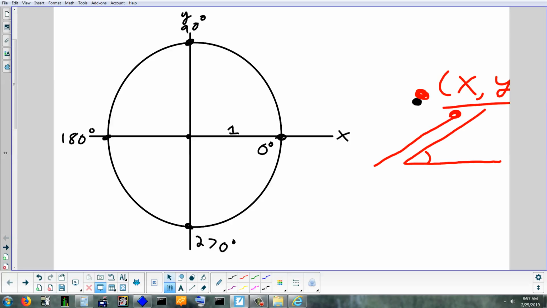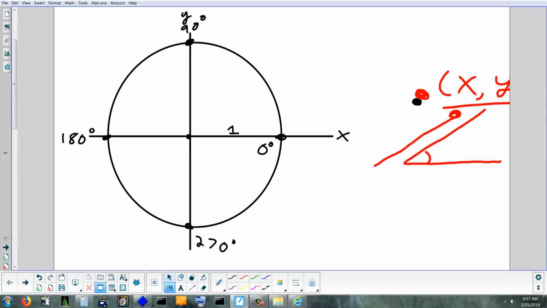And anytime you have a point on an axis, it means that one of your coordinates is going to have the number what in it? 0. Yep. So all of these points have a 0. Now, all you've done for every one of these points is started at the center and moved one unit, either up, down, left, or right.